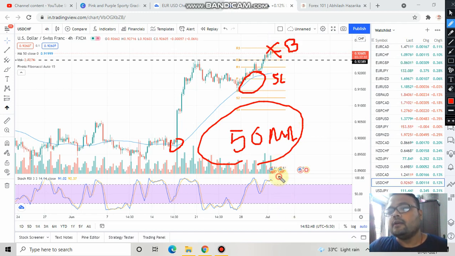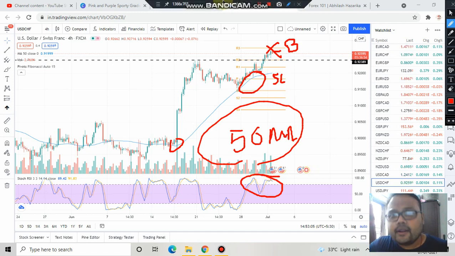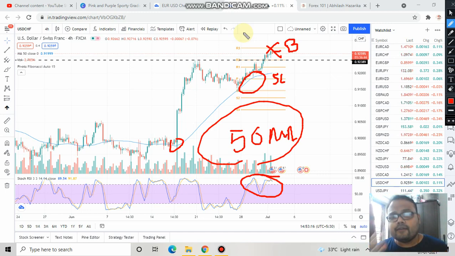And the stochastic RSI is also clearly telling us that the market is in the overbought zone. Therefore, this is not the ideal position to buy. If you have hard-earned money, then this is not the ideal position to buy. Wait for the market to come down to your price level. If you want to become a profitable trader, then you should have patience.